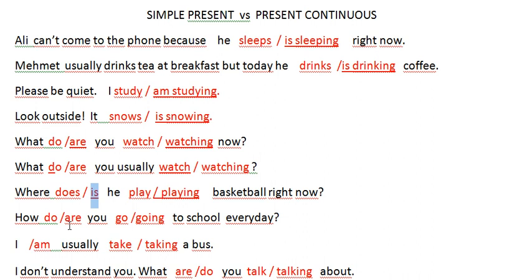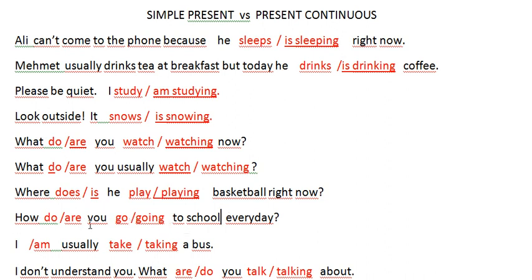The next sentence is how do or are you going to school? So we can make two sentences here. How do you go to school? Or how are you going to school?